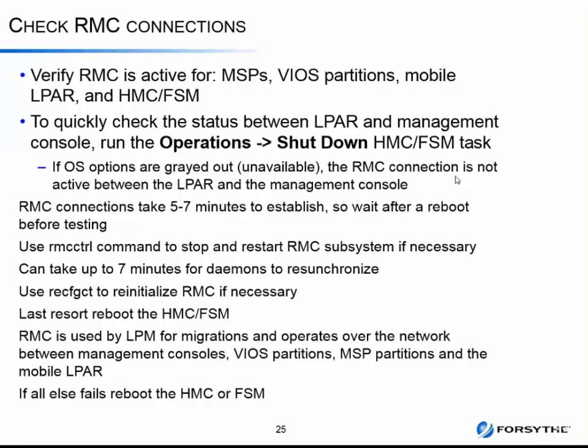On an LPAR, you can use rmcctrl to stop and start RMC subsystems, and there's also a recfgct command if you need to reinitialize RMC. As a last resort, if you're having a problem with RMC and rebooting the LPAR hasn't fixed it, you can reboot the HMC or FSM.